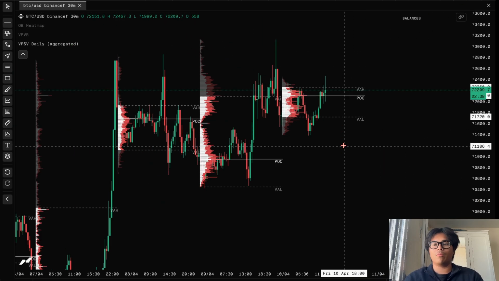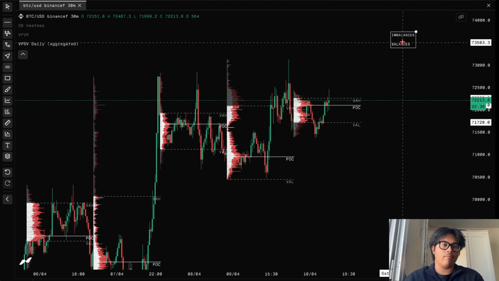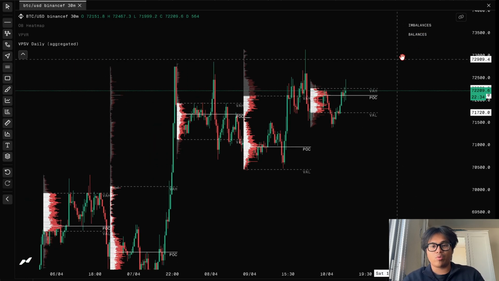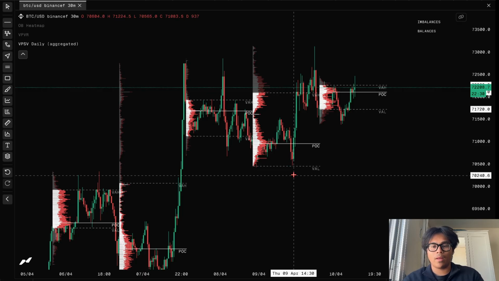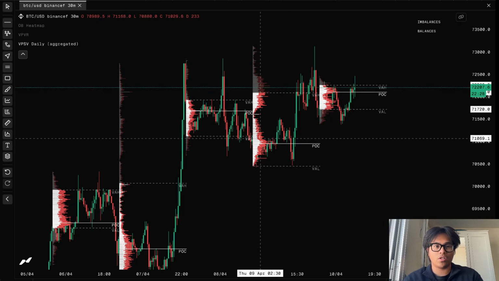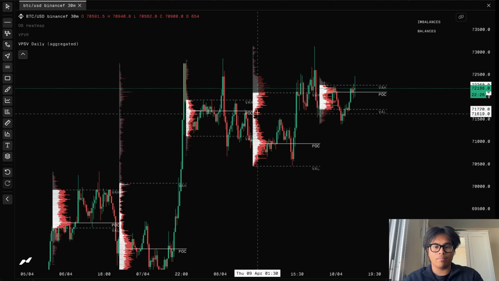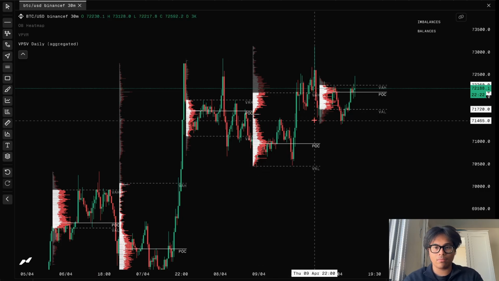Why do I have a volume profile if this is only about imbalances and balances? Well, it's related, because volume profile gives you the range of that moment. This one is a daily one, so it covers the beginning of one day until the end.